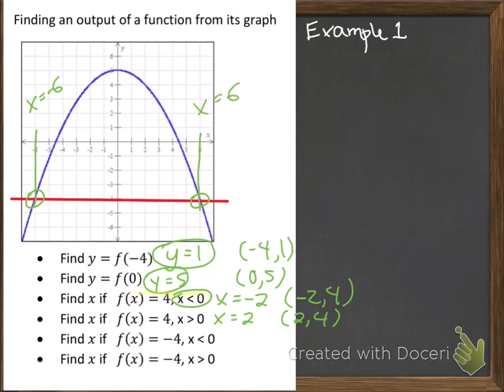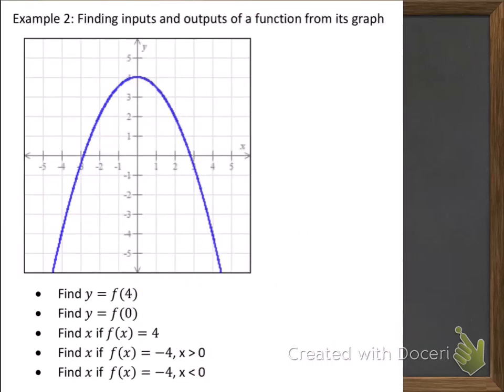So again, they specify which one they want, right? In the first bullet point, they want x less than 0, so that's going to be our negative solution. And then they want the positive solution, so that's going to be x equals +6. If I had to write these as ordered pairs, this would be -6, -4, and this would be +6, -4.